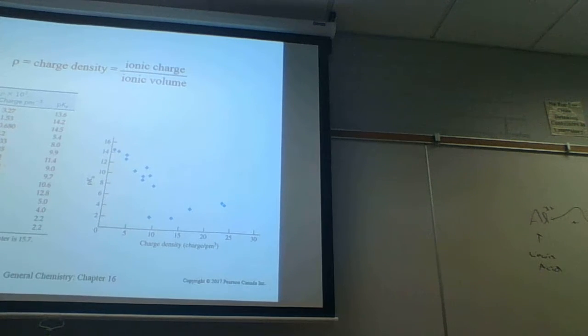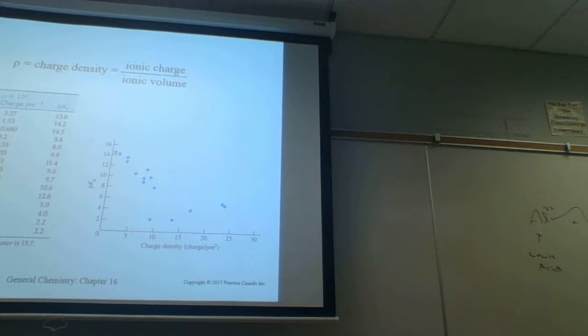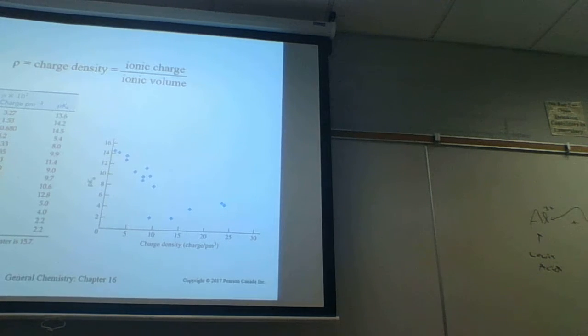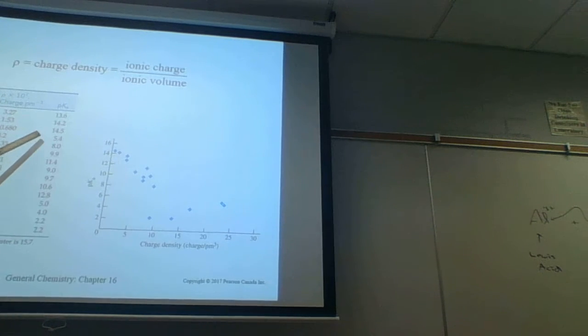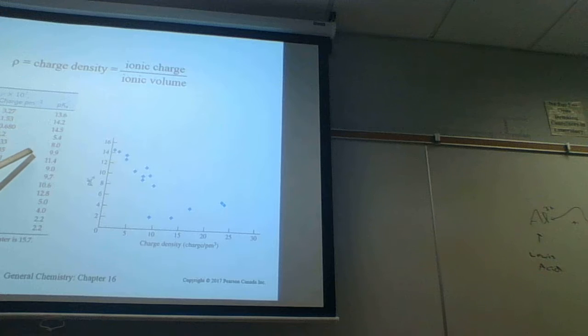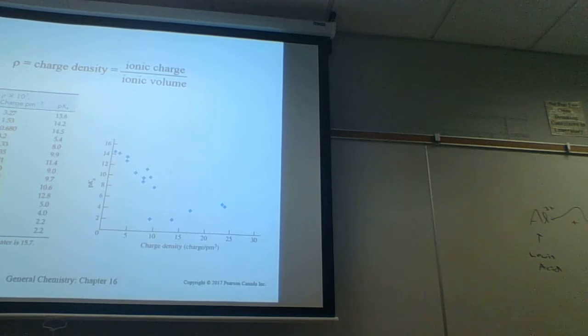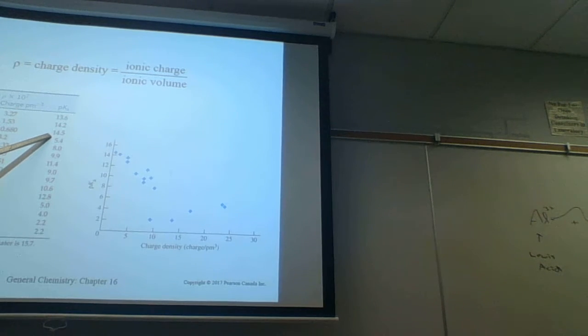If we look at lithium, sodium, potassium, these have very low charge densities. And if you look at the pKa's, they're orders of magnitude larger. And so if the pKa of aluminum is 5 and the pKa of potassium ions is like 15, that's 10 orders of magnitude, which is like 10 billion times weaker.